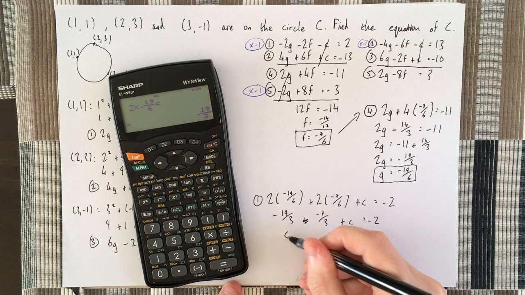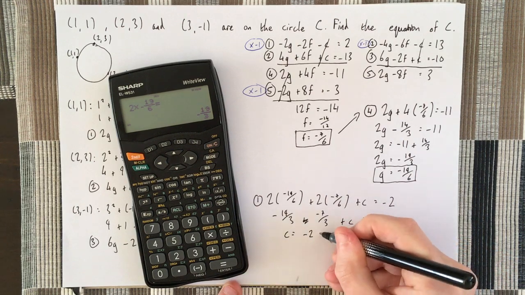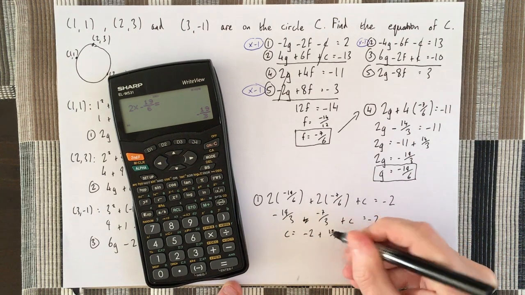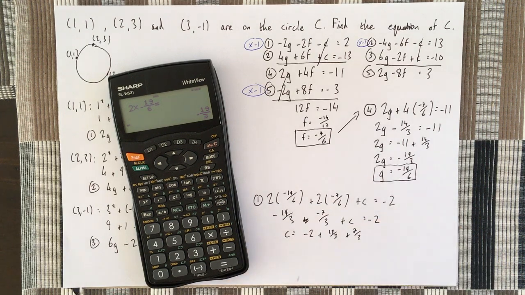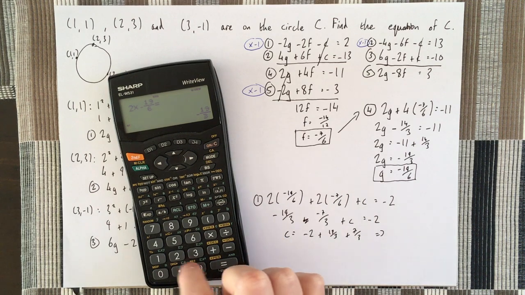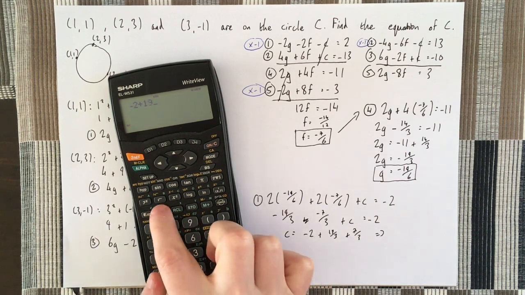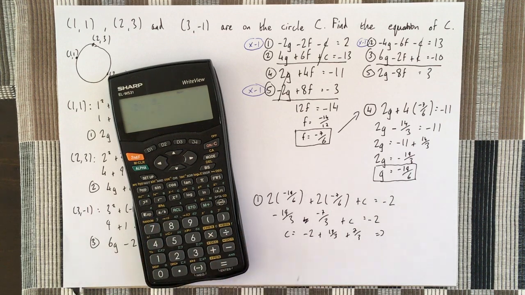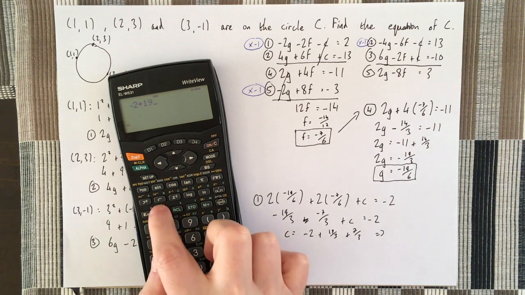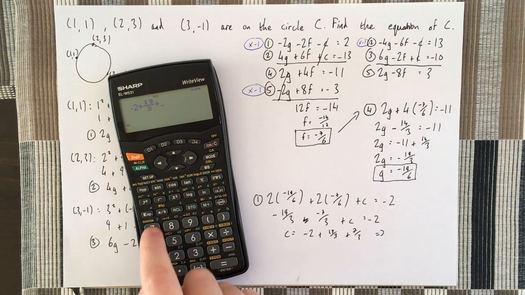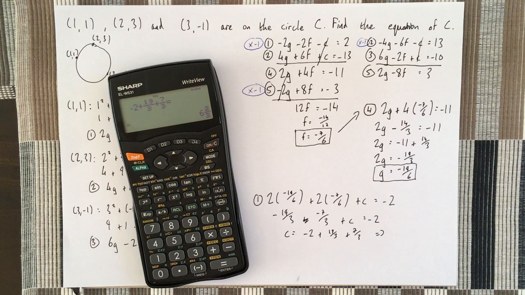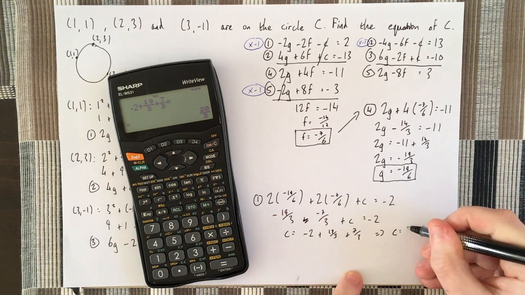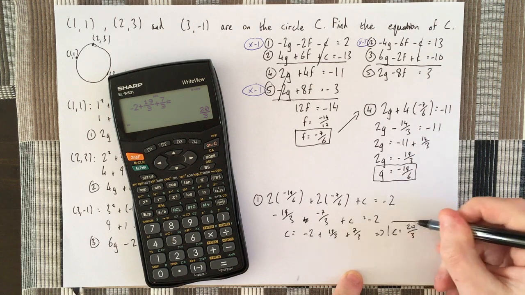So now c is equal to minus 2 plus 19 over 3 plus 7 over 3, bringing them over. That is 6 2/3, which is 20 over 3. So c is equal to 20 over 3.